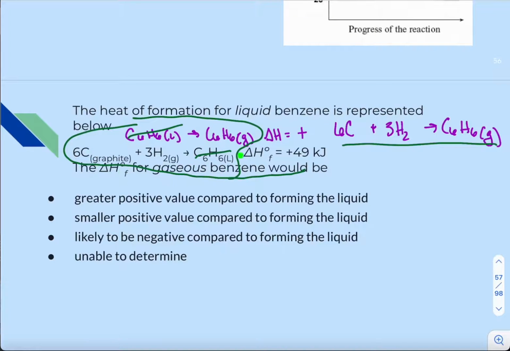So if we add those up, we get the overall formation reaction, which means we would just add our delta H's, okay? Now, we don't know what this number is, but that's not what the question's asking. The question is asking, would it be a greater positive value, a smaller positive value? Would it be negative, or can you not figure it out? If you add another positive to something that's already positive, it's going to be a greater positive value.